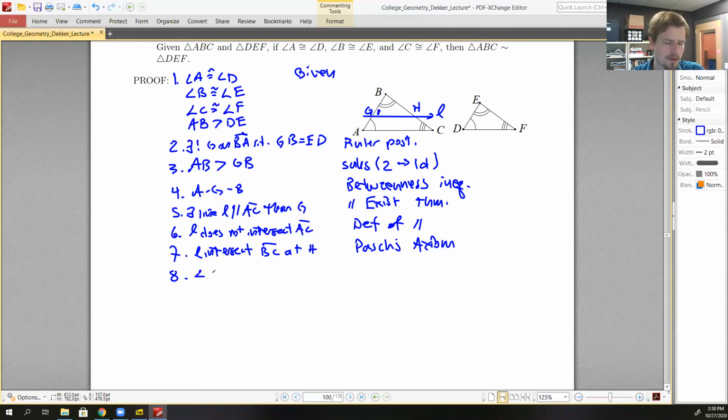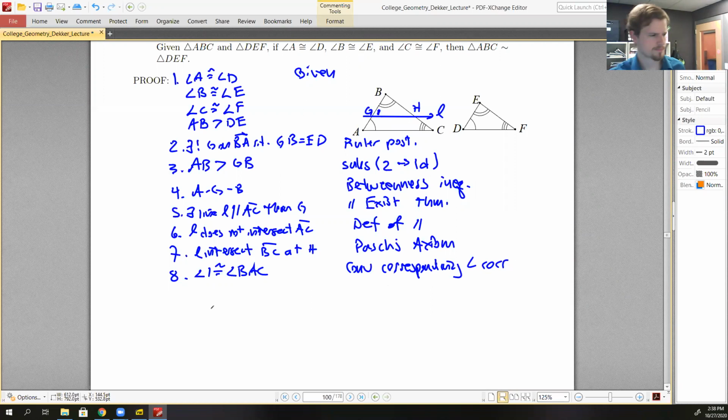So angle 1 is congruent to angle BAC. And that's by the converse of the corresponding angles corollary. Excellent. Then we've got, all right, we want to connect that back over to here.